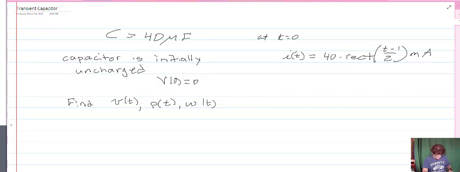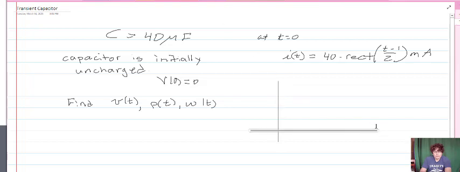So first let's take a look at what this function looks like. And our axes will be current in milliamps and time.